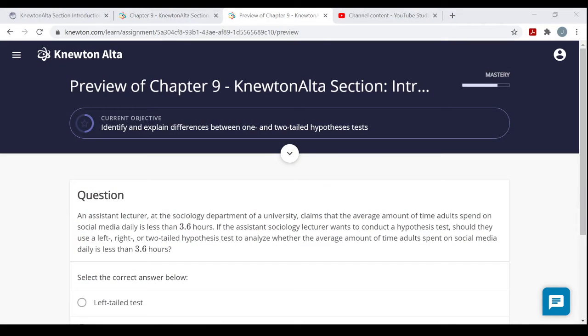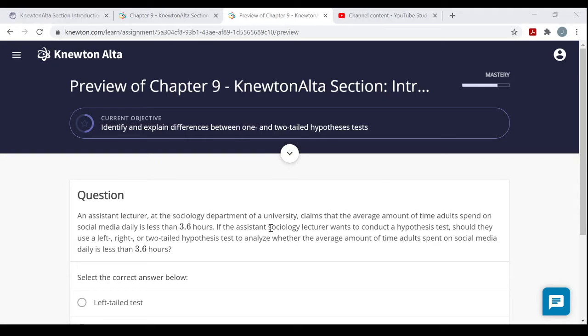So, looking at the question. It says here, an assistant lecturer at the sociology department of a university claims, there's your dead giveaway right there, there's your claim, that the average amount of time adults spend on social media daily is less than 3.6 hours.